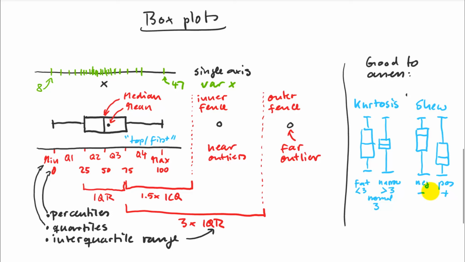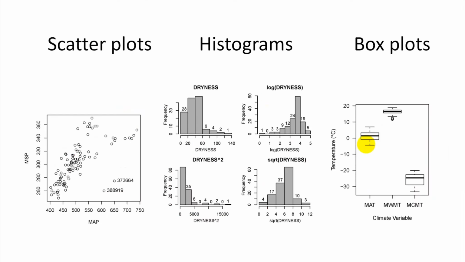For skew, it's a similar thing. Those metrics are positive or negative. Usually you have positively skewed observations, so if they are bigger, they're really bigger. If I were to draw a distribution here, it would start steep and then have a long tail out here. So you have the far outliers toward the high values. That would be a positive skew. If you have it the other way around, it would be a negative skew, but those are generally not very common.